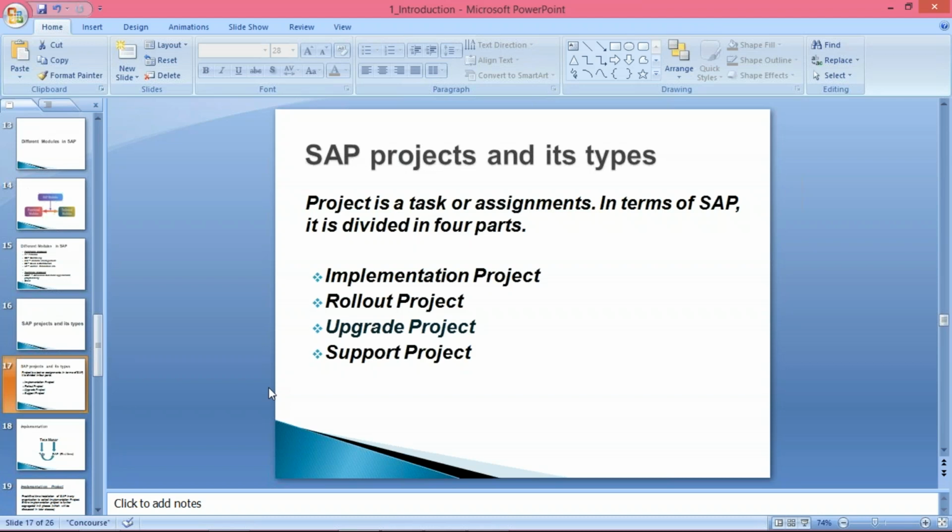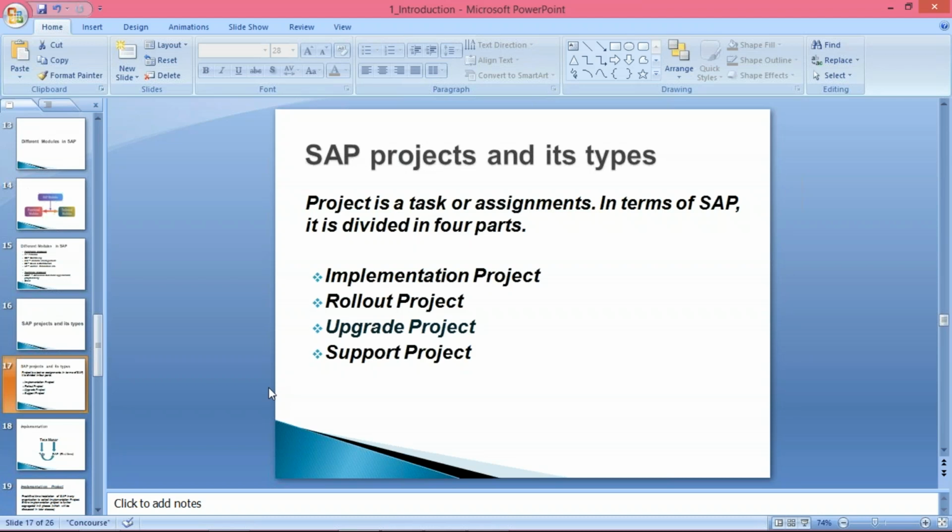ABC project means that is the name of your client. Let's suppose we have Adidas. Adidas is a very huge company, and they're using SAP. So Adidas project is going to be handled, let's suppose, by Wipro Technology or Infosys. If you join Infosys, then Infosys HR will say that you are going to be part of the Adidas project, and it's an implementation project.